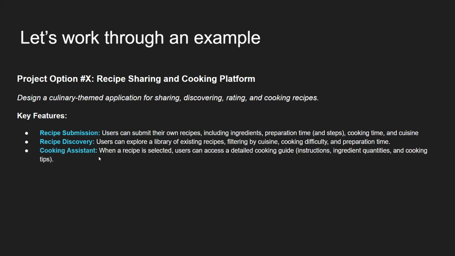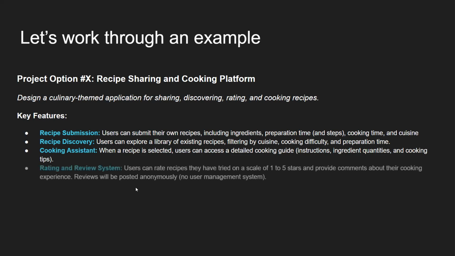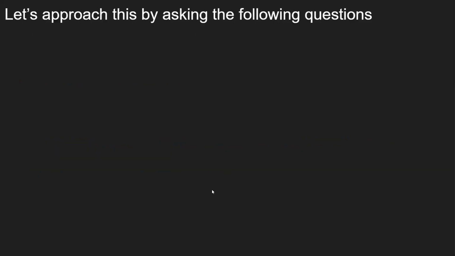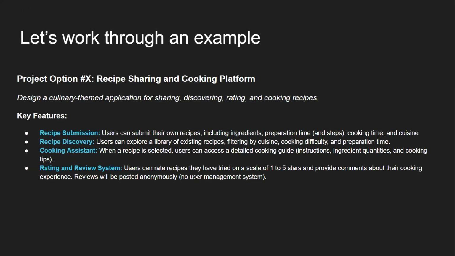Cooking assistant: when a recipe is selected, users can access a detailed cooking guide, instructions, ingredient quantities, and cooking tips. And a rating and review system: users can rate recipes they have tried on a scale of 1 to 5 stars and provide comments about their cooking experience. Reviews will be posted anonymously. So there's no user management system.